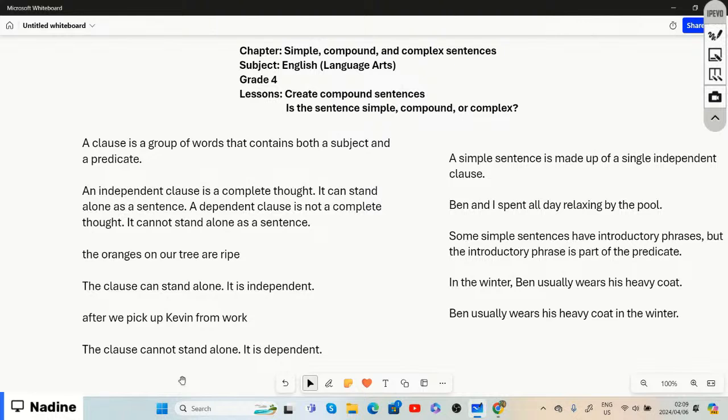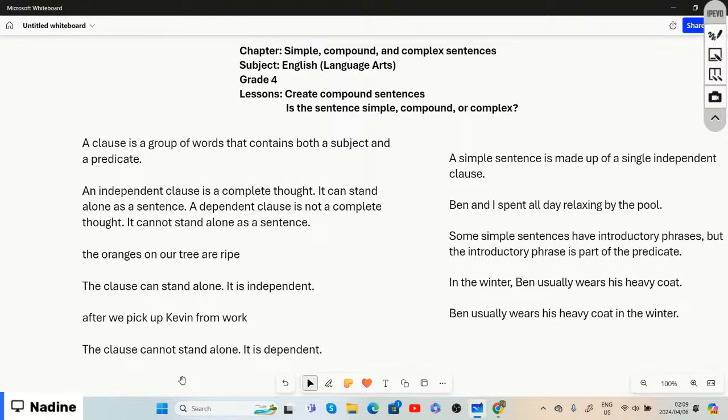Then a compound sentence consists of two of those simple sentences, and it is joined by a coordinating conjunction. The coordinating conjunction is either and, but, or so.